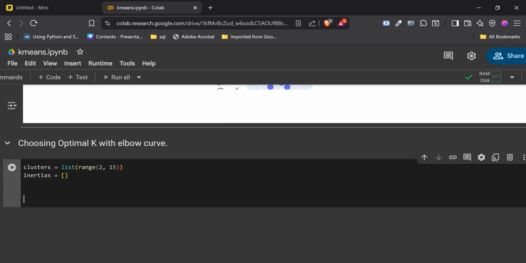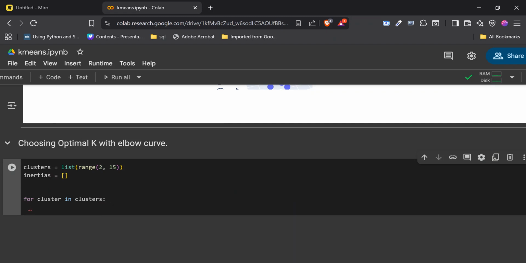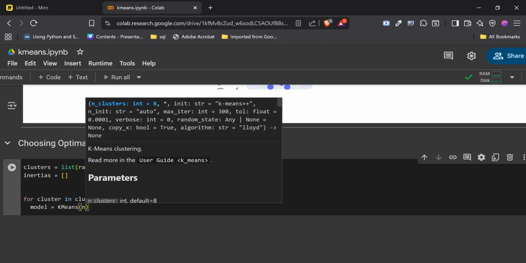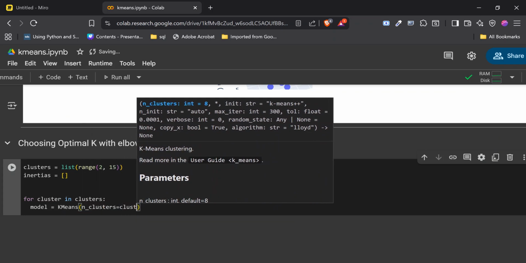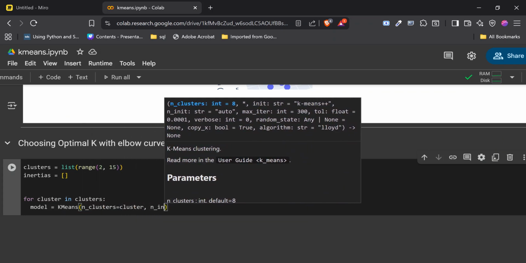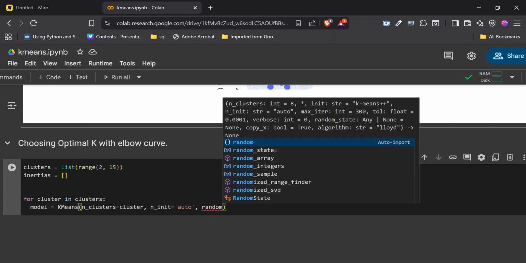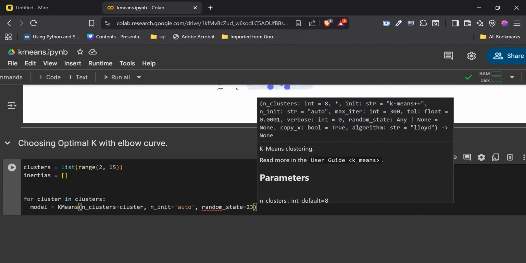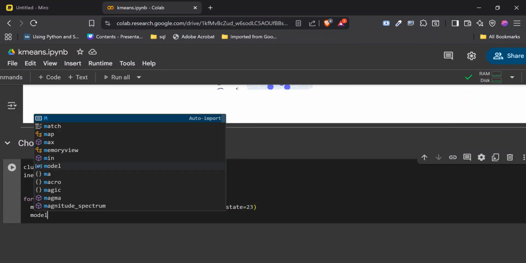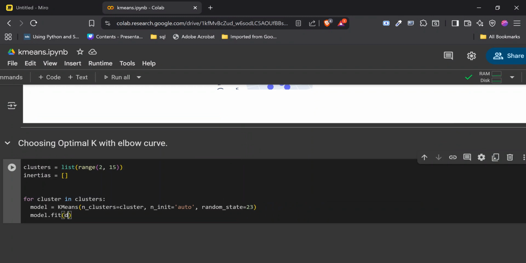Then I'm going to say for cluster in clusters, model equals K-means, where number of clusters is equal to cluster, n_init equals auto, and random state is 23, and then model.fit(data).